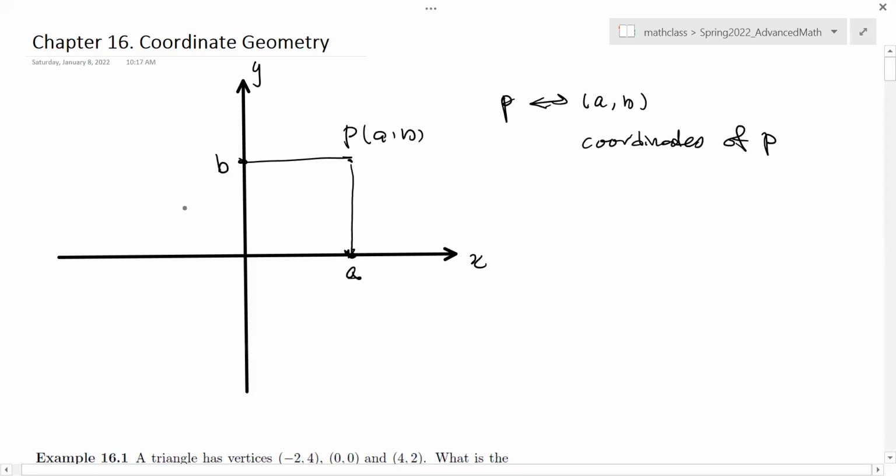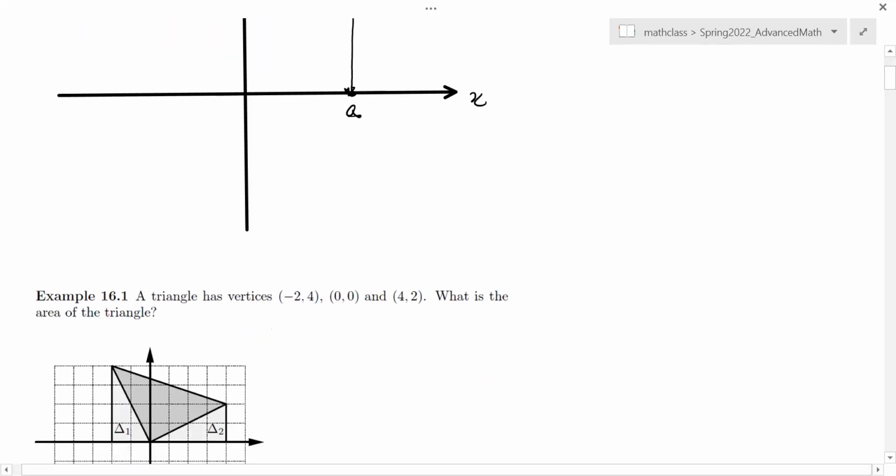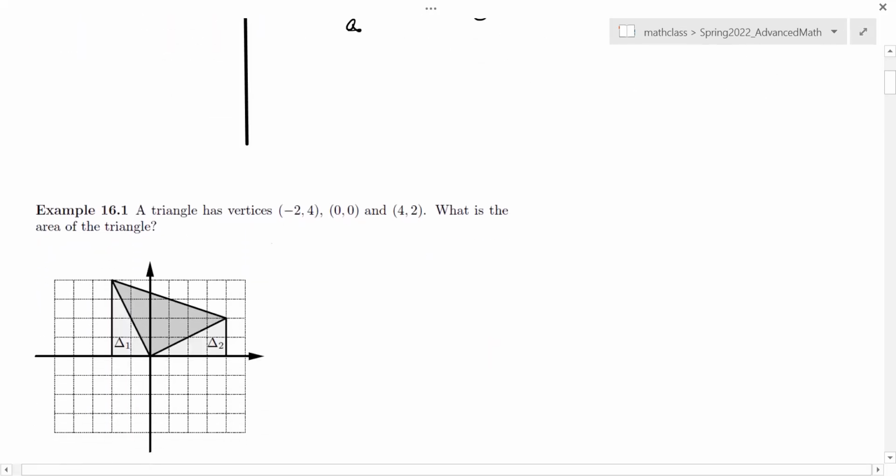Okay, so now you can use algebra to study geometry problems. Let's work on the following problem. Suppose you are given a triangle, and the triangle has 3 vertices. What you're told are the coordinates of the 3 vertices, and you want to find the area of the triangle.